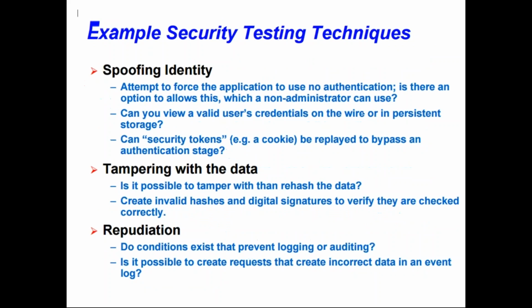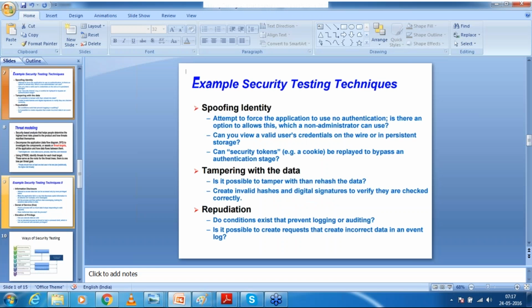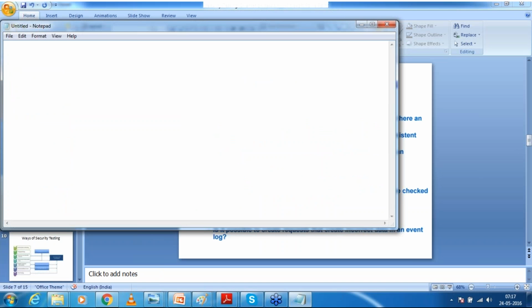Suppose the general flow of the application is: I will enter some data in the browser. This data comes through my firewall, and then is stored in, say, a database. I'm just giving a simple flow, right?